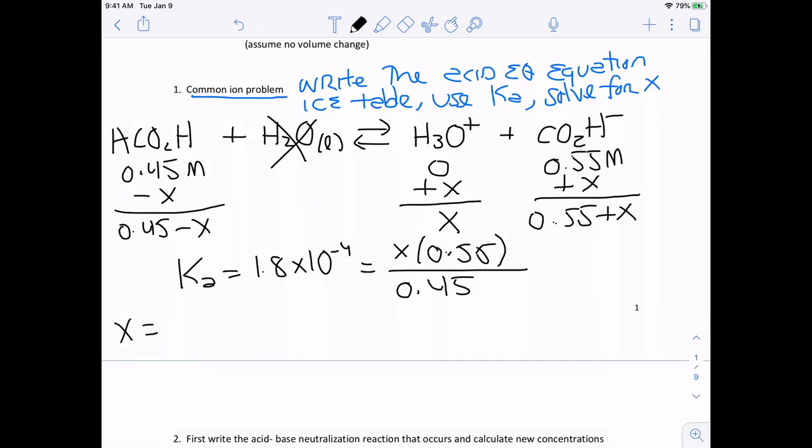If you guys get your calculator out and play along, I'm getting mine out. 1.8 times 10 to the negative fourth multiplied by 0.45 divided by 0.55, and I get 1.47. I want 2 sig figs, so 1.5 times 10 to the negative fourth molar. And then to get the pH, we're going to take the negative log of that number.